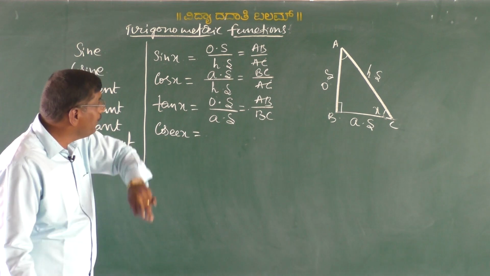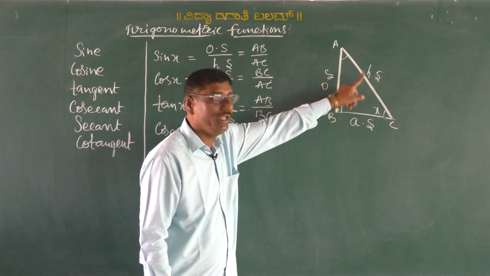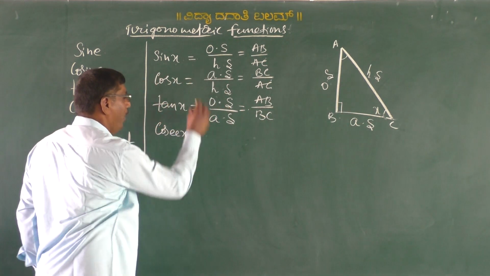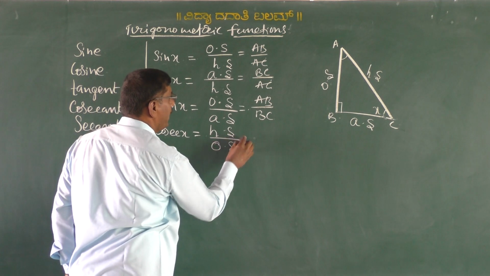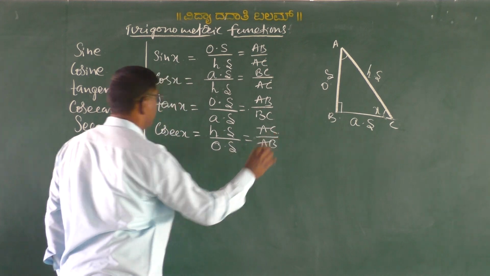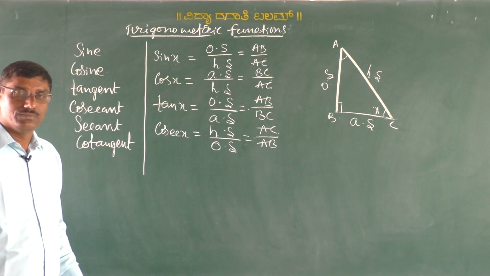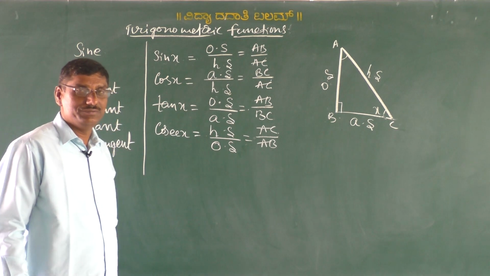Cosecant x is defined as, listen carefully, hypotenuse side divided by opposite side, that is AC divided by AB. Observe here, my dear students.